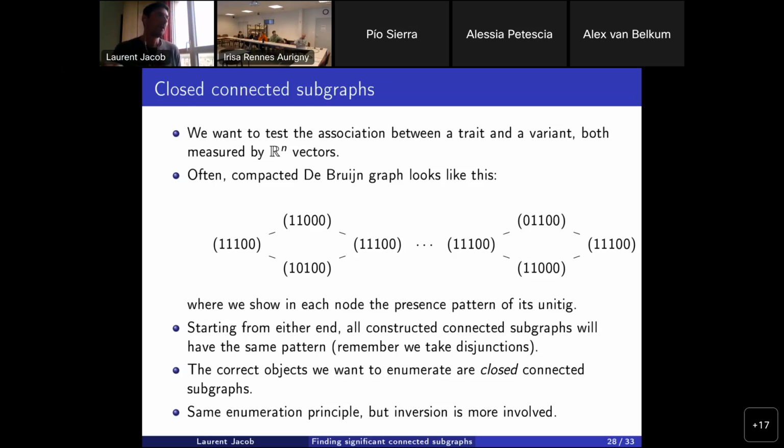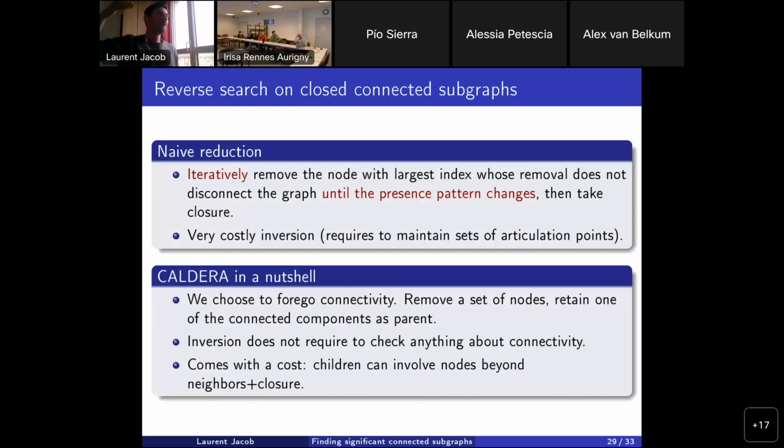Okay, and this was probably the hardest part actually of this contribution of this work, to enumerate efficiently this set of objects. The principle is the same. We also used reverse search, but the inversion of the reduction is much more involved. So you could generalize what we did for connected subgraphs. Remember the reduction for connected subgraphs was just, I removed the node with the largest index such that I don't disconnect the graph, okay?